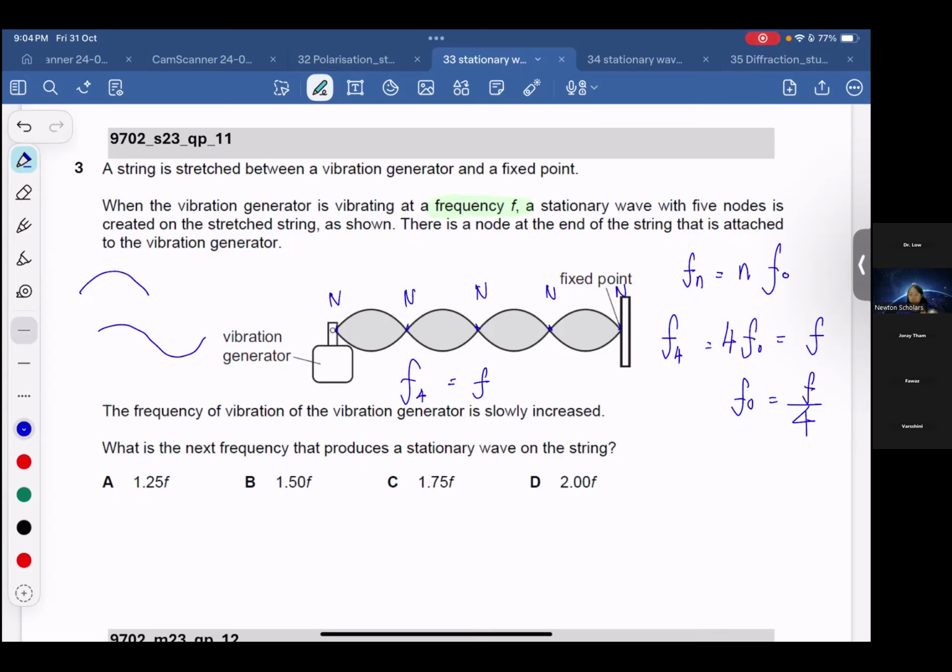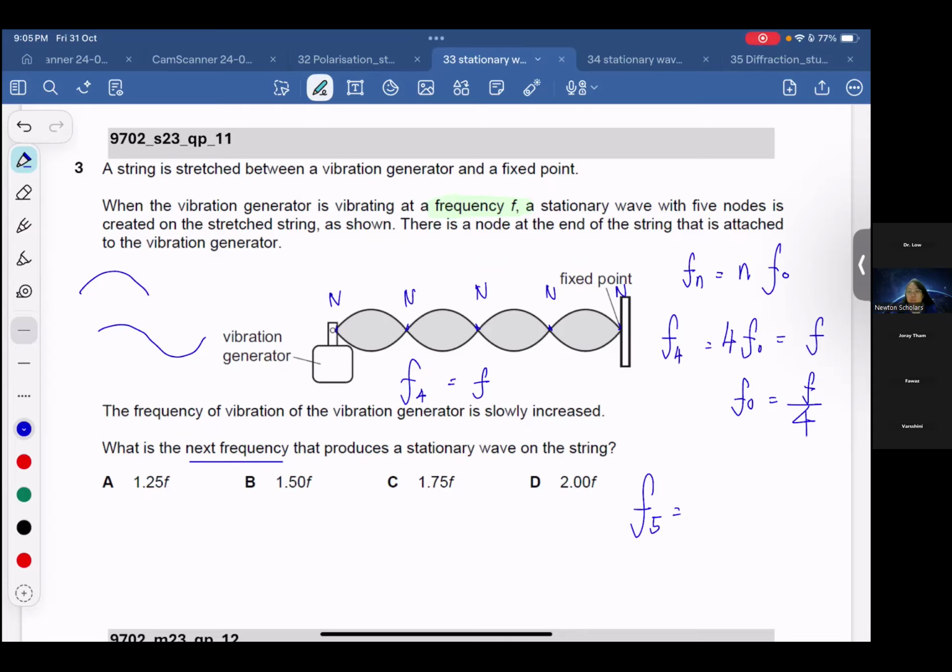So my question is, what is your f5, the next frequency that you can produce? Correct. What is your f5, the fifth harmonic? Right, boys and girls, any of you?